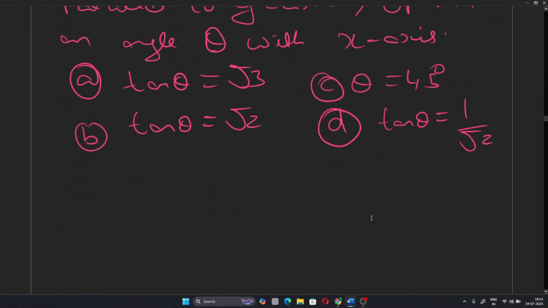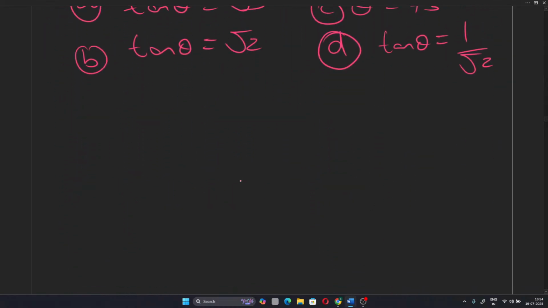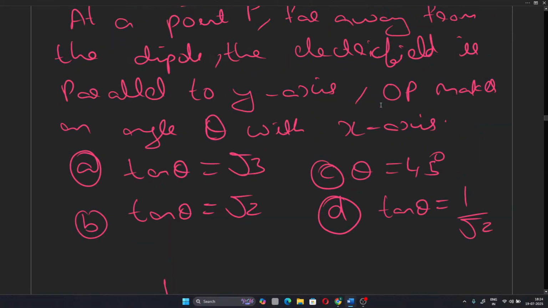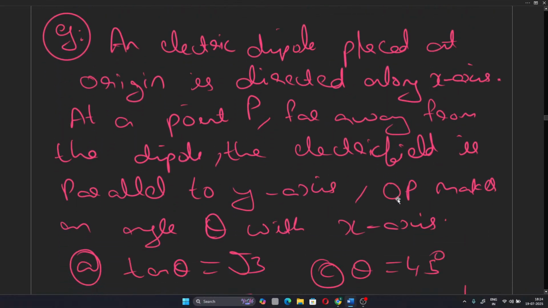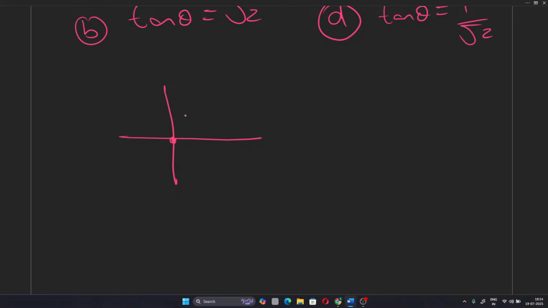Okay, so let's assume this is the origin. The dipole is directed along the axis, minus q and plus q.